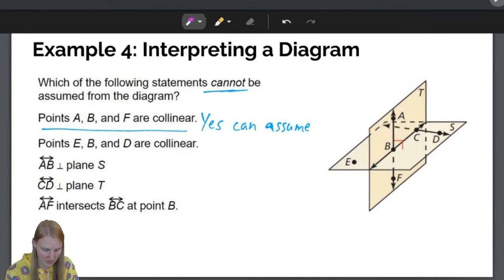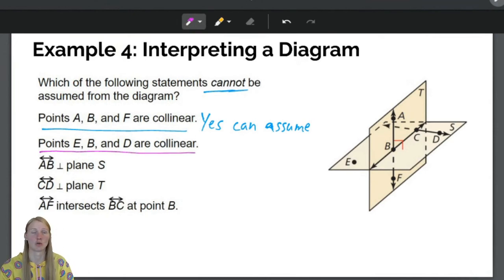Okay, next, points E, B, and D are collinear. We don't know that. There's no line. I don't see a line connecting those points. Do you? I don't see them.